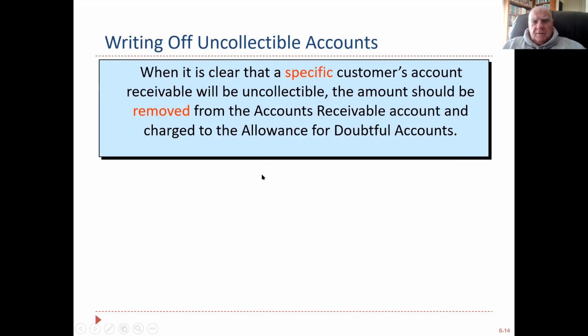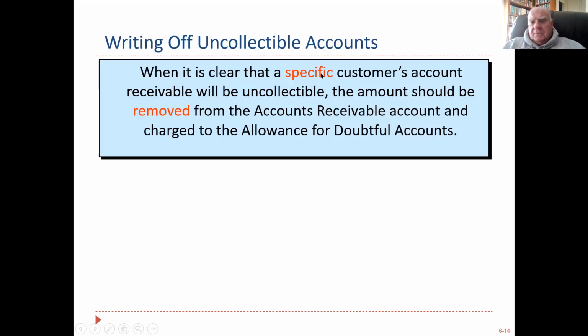Now, we're early in the month. We realize that a particular customer is not going to be able to pay us. We see in the newspaper that he went out of business, or she called us and was full of apologies, and she said her company's just doing terribly. There's no way she'd be able to pay this bill, and she's given us a courtesy call, that's all.